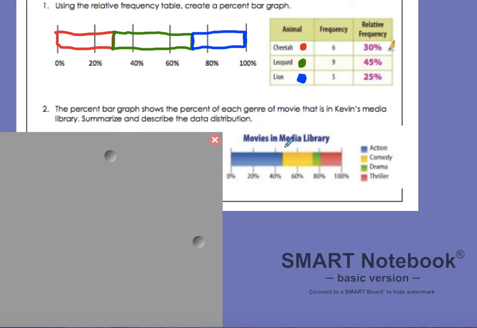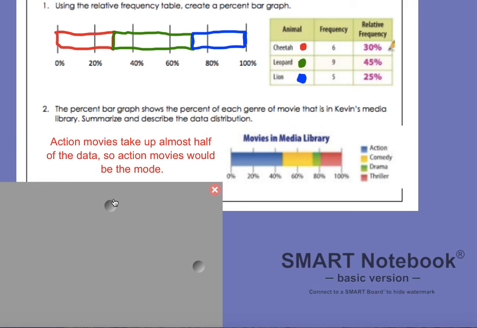Comedy looks like from 50 to maybe 70, so 20%. Drama, maybe 10%. And thriller looks like 20%. So from this, I can tell that action would be the genre that takes up the most space in his media library. So action would be our mode. So our summary could say action movies take up almost half of the data, so action movies would be the mode.